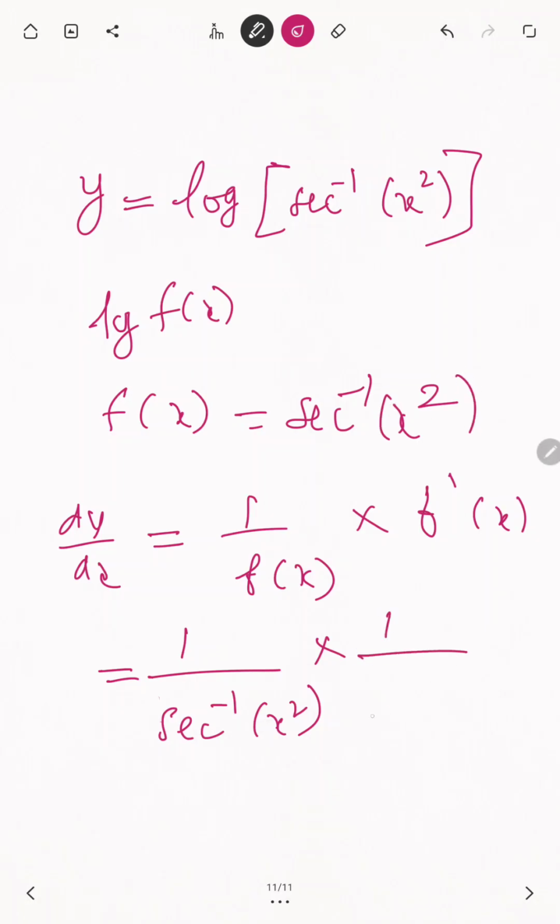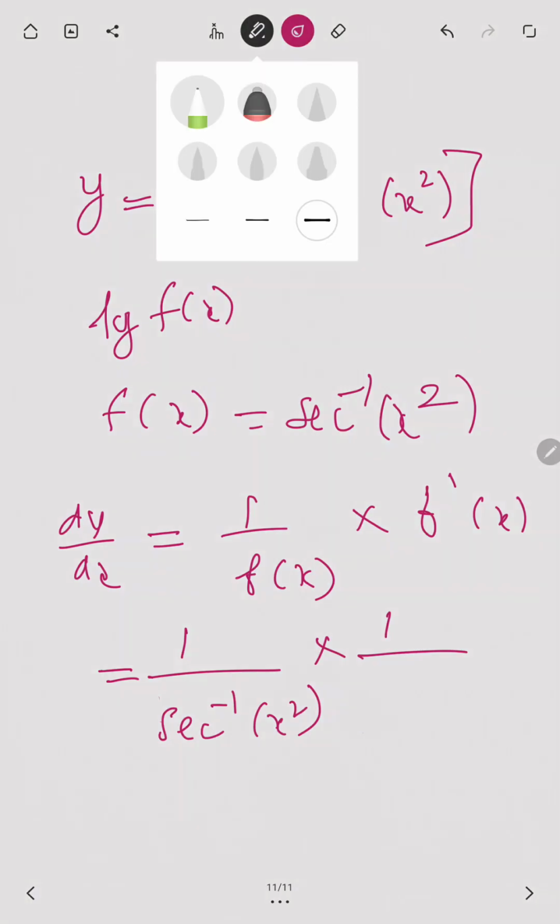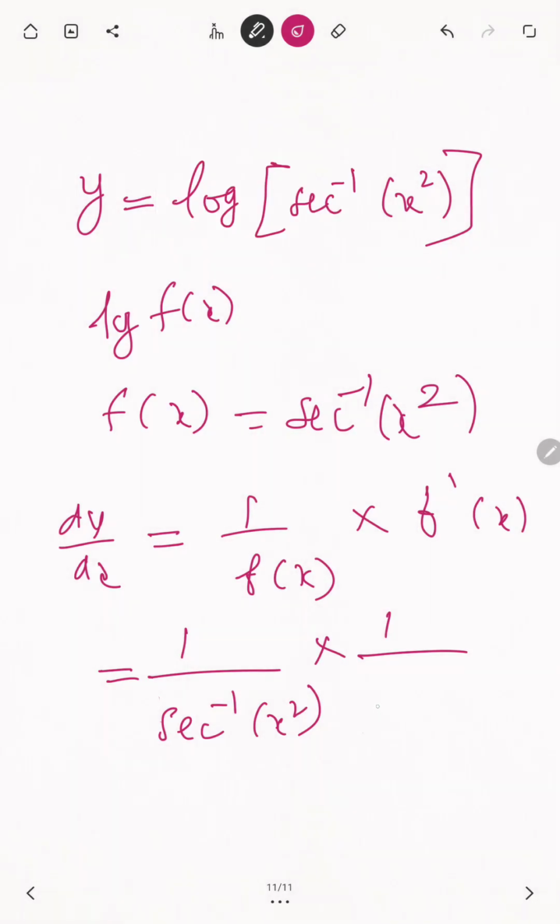What is the derivative of secant inverse x, my dear student? 1 by x into root of x square minus 1. In the place of x, what will you put?